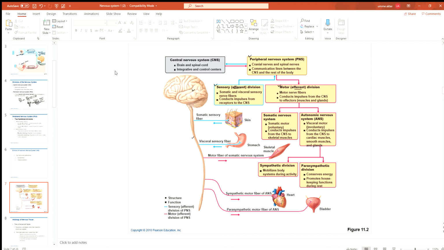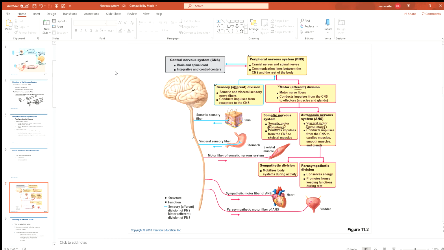Now, motor could be somatic motor and autonomic motor. Remember, somatic is voluntary and autonomic motor is involuntary. What is the difference?